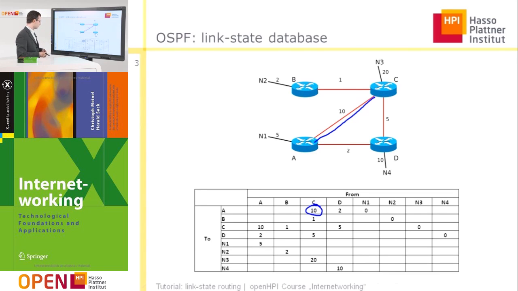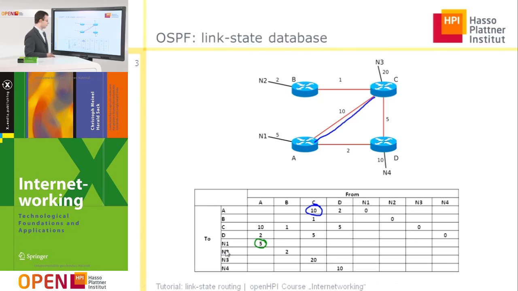However, the links from the routers to the destination networks, from router A to network 1, should be calculated in the usual way. So from the table we can see that the link from router A to network 1 has a cost of 5.